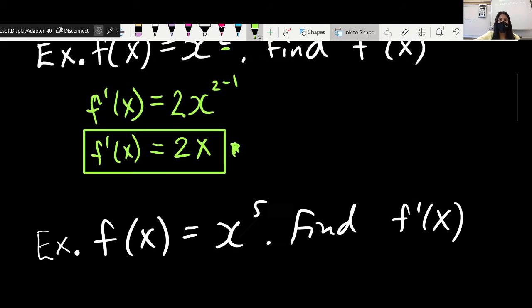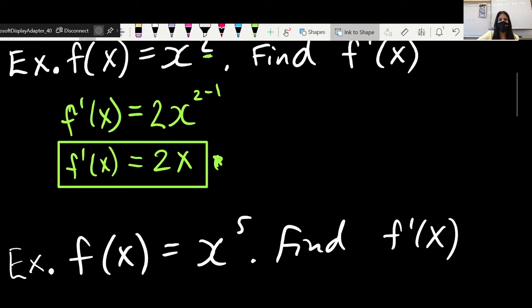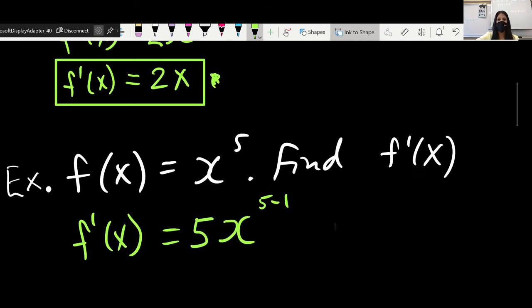Okay. If we have then f of x equals x to the 5, following the same rule, if I want f prime of x, I'll do it this time. I pull the 5 down in front, the x is still there, and at the top, I just subtract 1 from it, because that's what the power rule is.